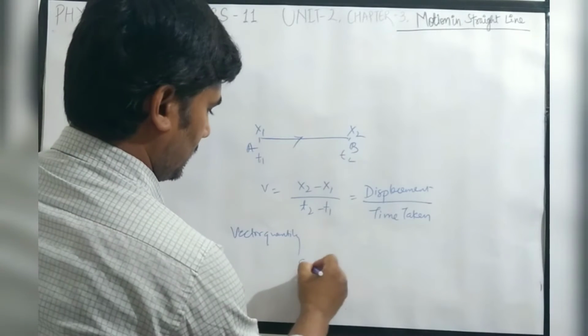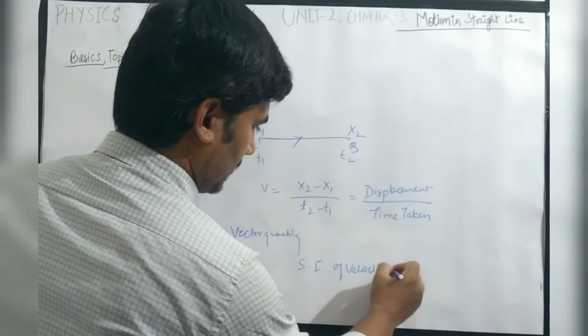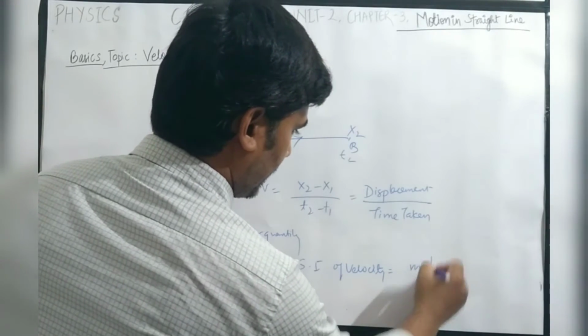The SI unit of velocity is meter per second.